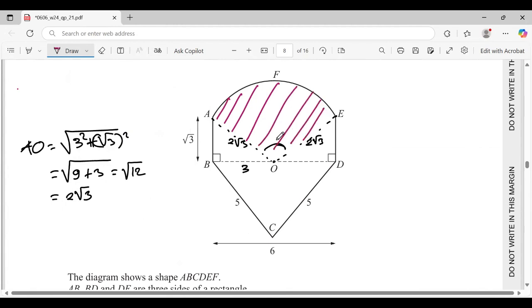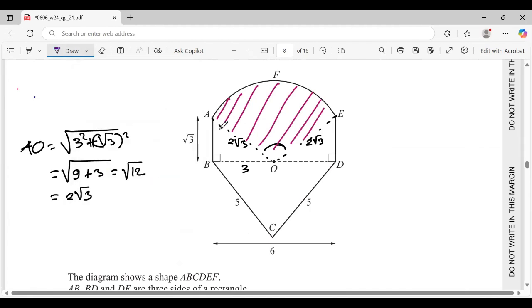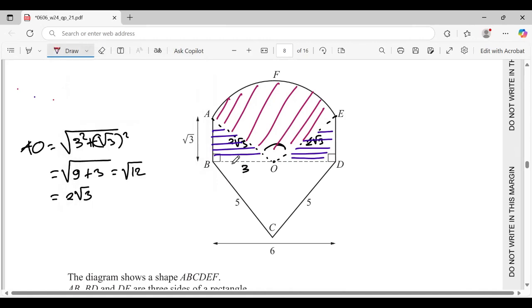After that, the area of this sector. And after that, the area of the triangle, the area of this triangle.